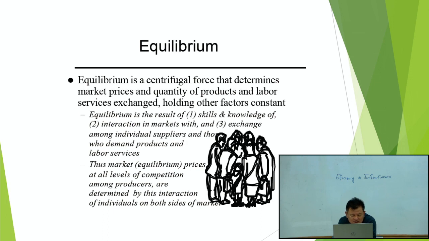One is skills and knowledge. The second is interaction in the market. And the third concept is exchange among individuals, suppliers, and those who demand products and labor services.